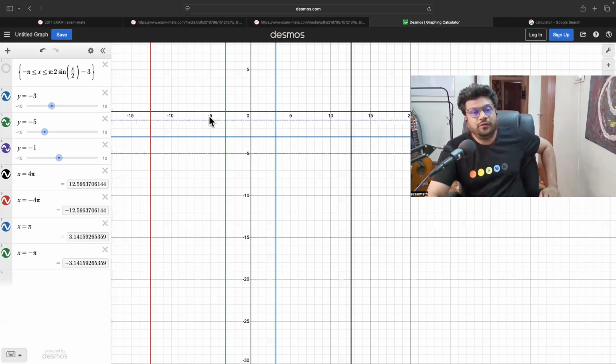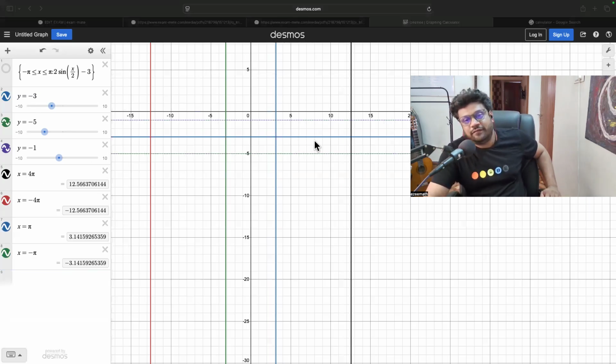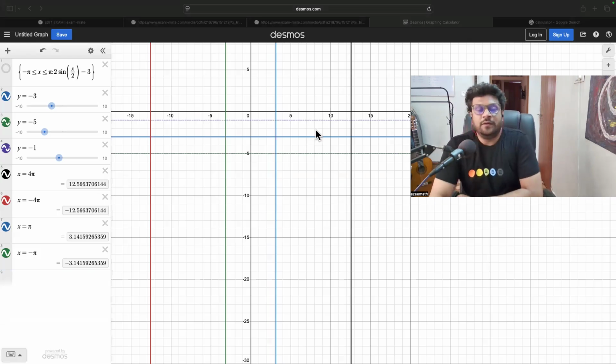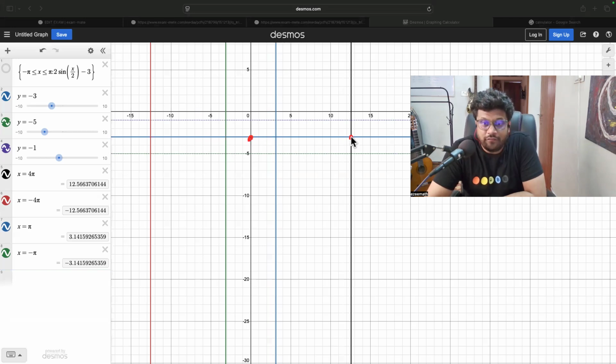Well, don't you realize if there was supposed to be one whole wave between 0 and 4 pi, half of the wave is going to be between 0 and 2 pi, and a quarter of the wave is going to be between 0 and pi.